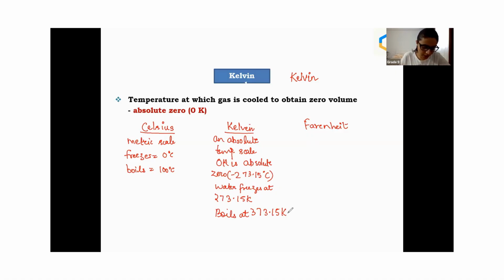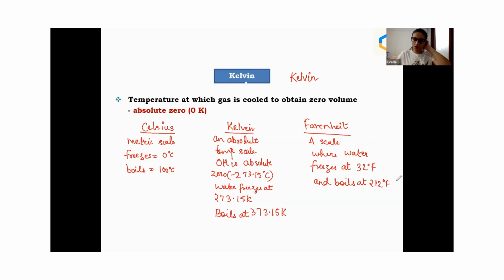And then for the Fahrenheit scale, you are going to write down a scale where water freezes at 32 degree Fahrenheit and boils at 212 degree Fahrenheit.